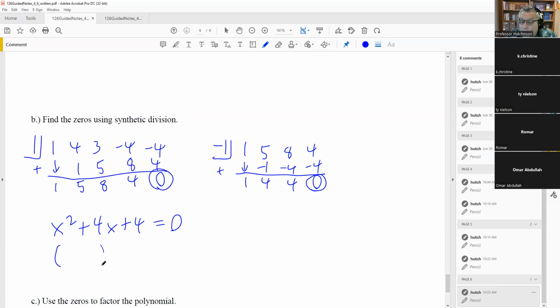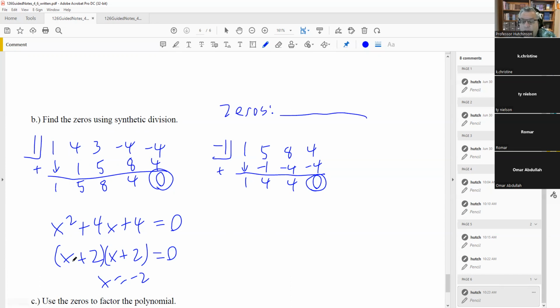We don't have to do synthetic anymore once we take it down to a quadratic. Now we can just factor it. Okay, so factor it, x and x. Factors of 4 that add up to 4 will be 2 and 2. We get plus and a plus here for that. And then we get x is equal to -2. Okay, so the zeros.